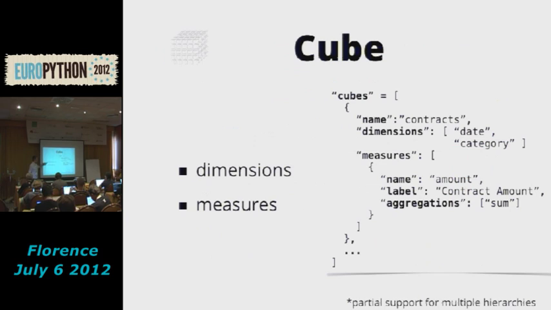And the cube is specified by dimensions and the measures. So what are you going to measure in that cube? In this example, you are going to measure contract amount, and you are interested in aggregation of type sum. Like summarization, you might be interested in averages or minimum, maximum, or whatever.